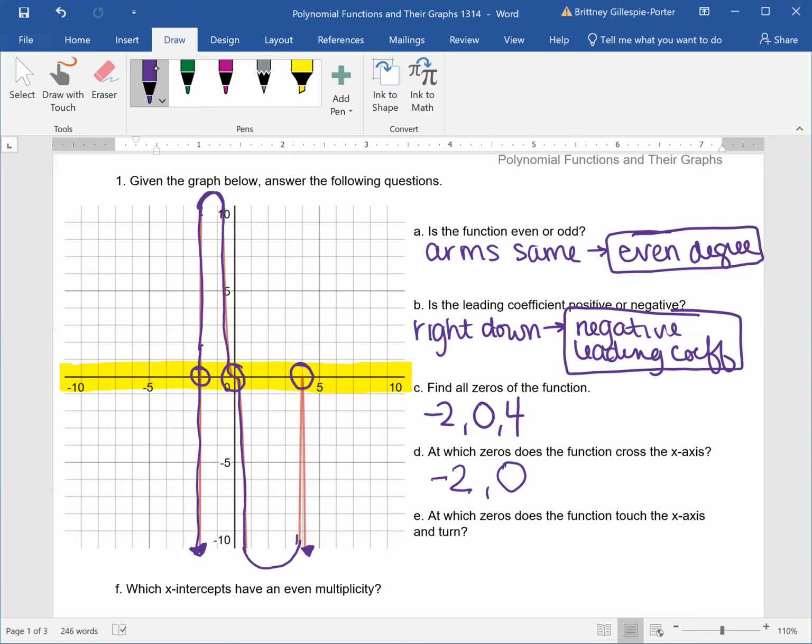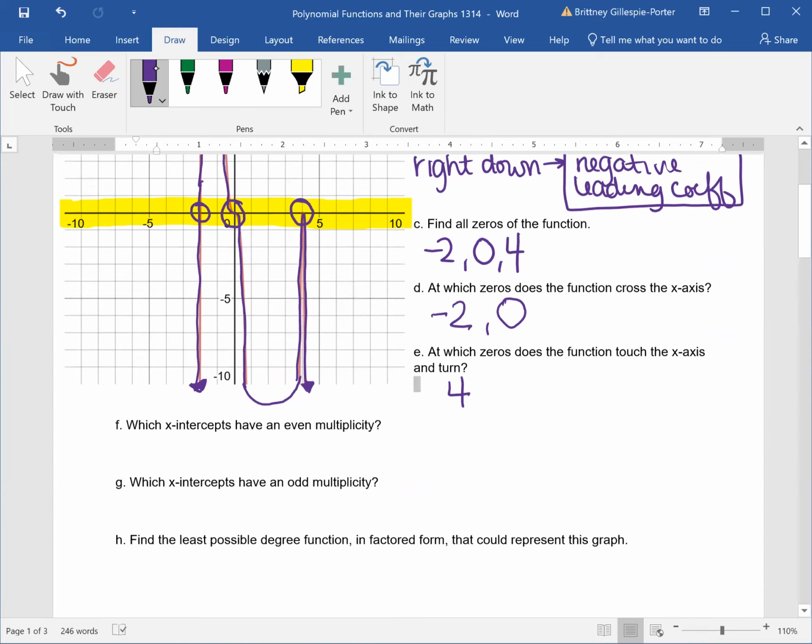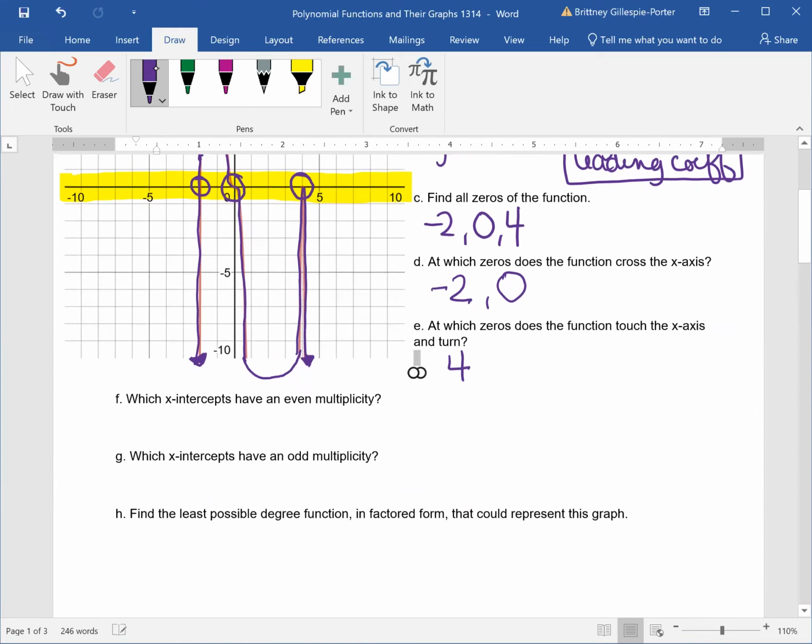And then tracing it again for the last leg, we come up, we hit, we come back down. So we touch and turn. So we touch and turn at x equal to 4. At what x-intercepts do we have an even multiplicity?